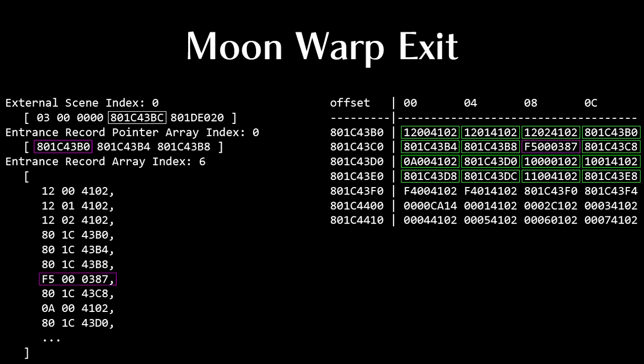It is the entrance record right here, F5000387. Although this is out of bounds on this array, this data is a valid entrance record. And what is important about this record? Well, it is in fact the Majora room entrance record. So effectively by using this entrance value of 0006, which is not normally used anywhere in the game, we are able to have the game load the Majora room.